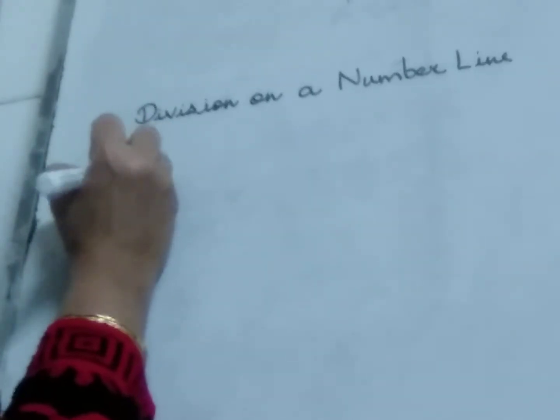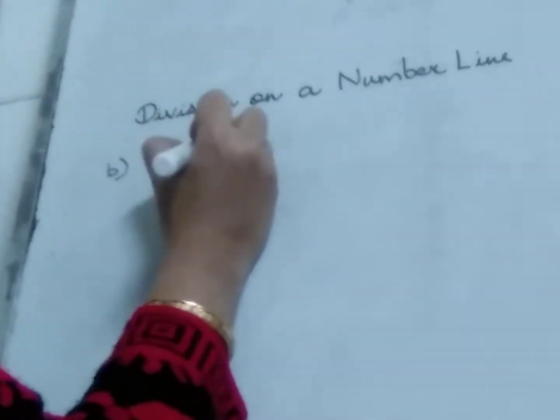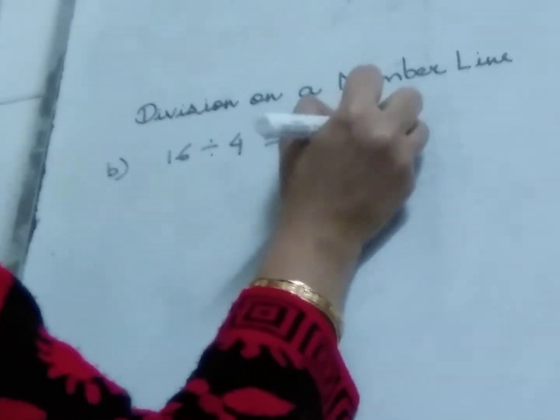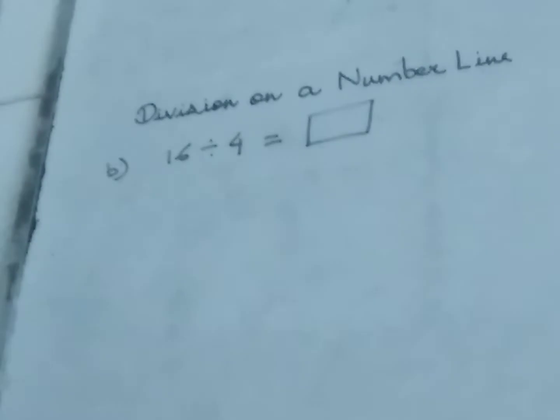Let us do the B part. This is 16 divided by 4 is equal to dash.